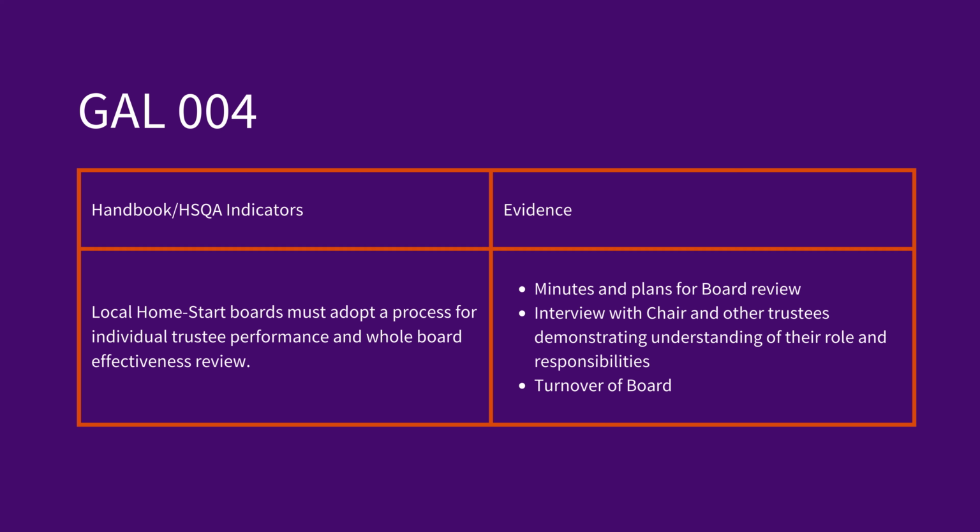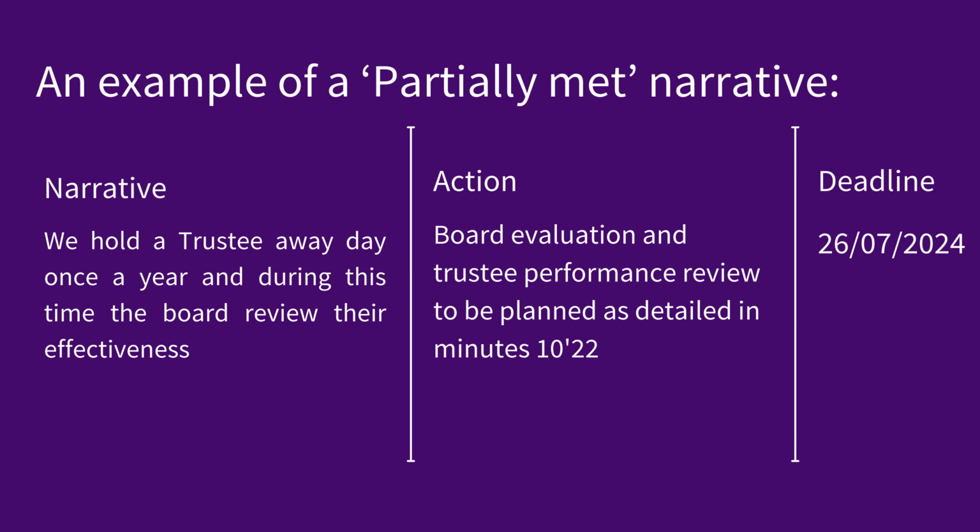So if we look at the indicator GAL004, for example, it's actually asking for 2 things. First of all, what your process is for appraising the performance of individual trustees. And secondly, what's your process for reviewing the effectiveness of your board as a whole? So in your narrative, we would expect to see that you've covered both of those elements of the indicator and that you've self-assessed against both of those.